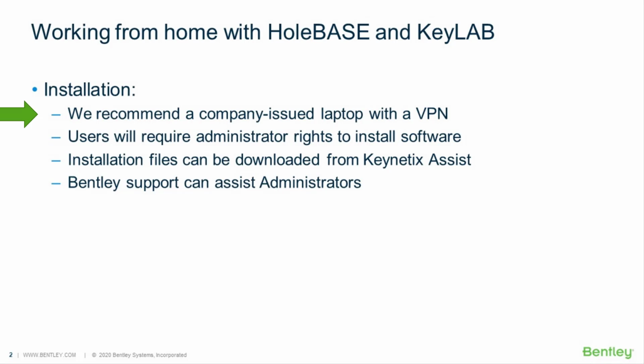This VPN connection will allow you to connect through to all of your files that you have in the office, and it will also allow you to access the license and database servers as if you were back in the office as normal. Obviously, if it isn't possible to get hold of a company issued laptop, it is possible to set up a VPN connection on a normal desktop machine, and your IT department should be able to help assist you in getting that up and running.